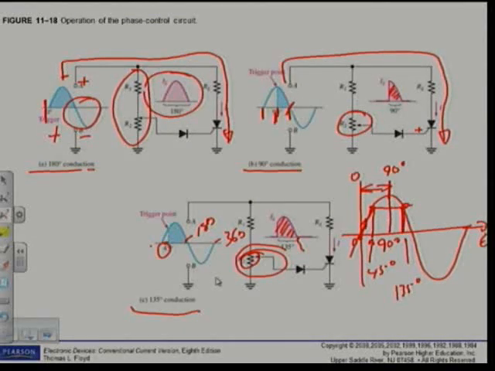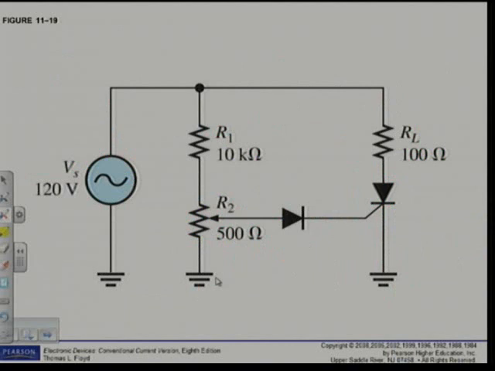Assume an ideal SCR. What I mean by assuming an ideal SCR, we assume there's no volt drop across the SCR. When it's conducting, it will act like a short circuit. When it's off, it's going to be completely open.